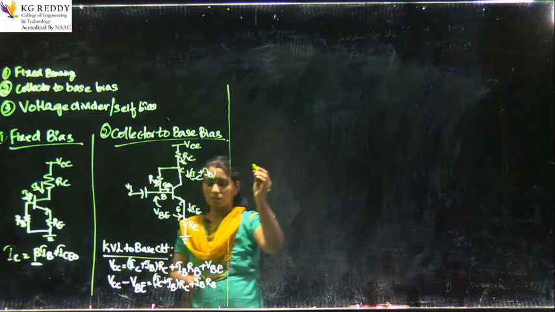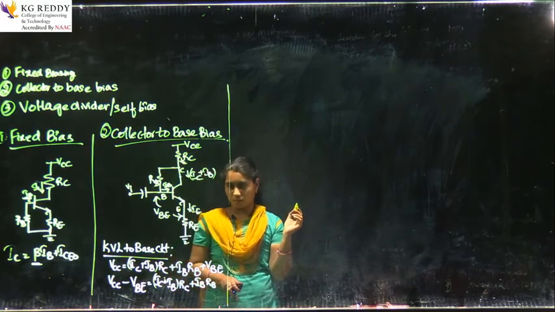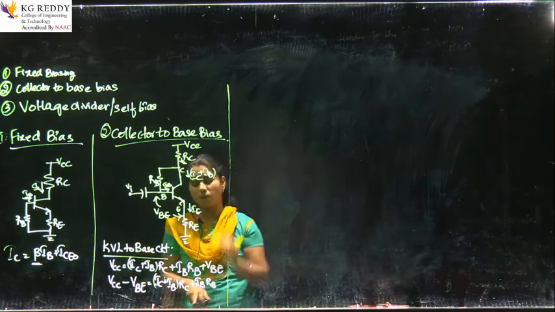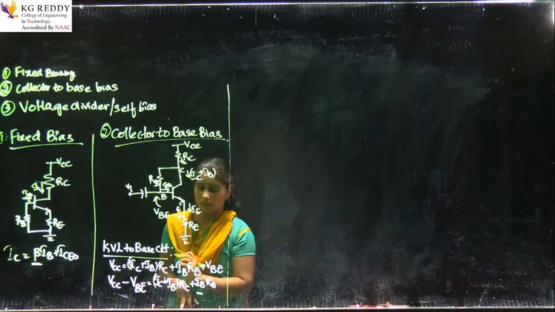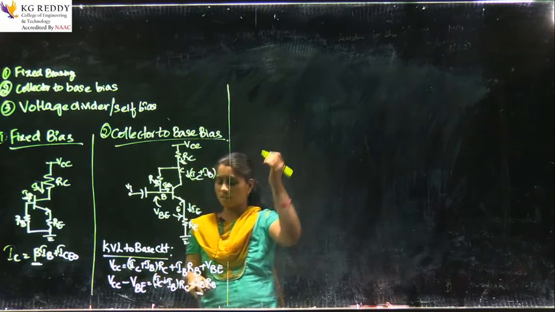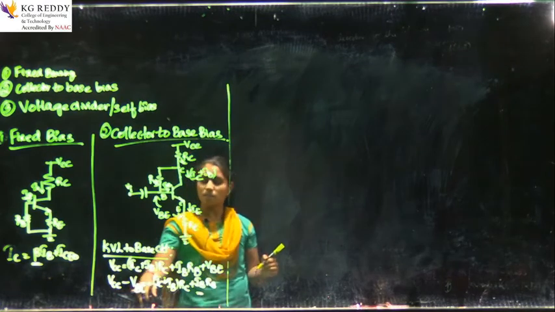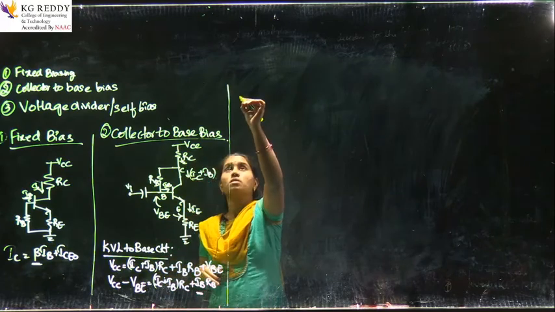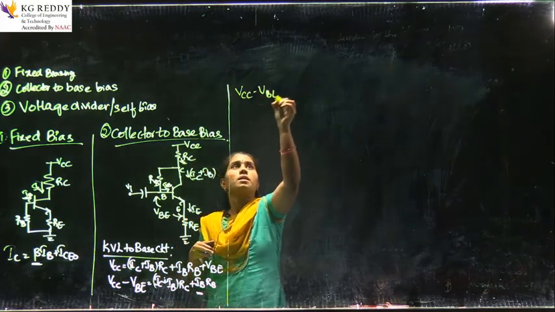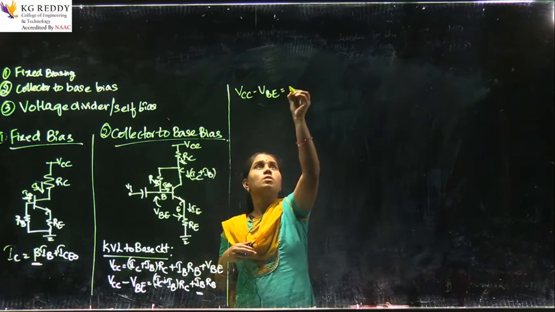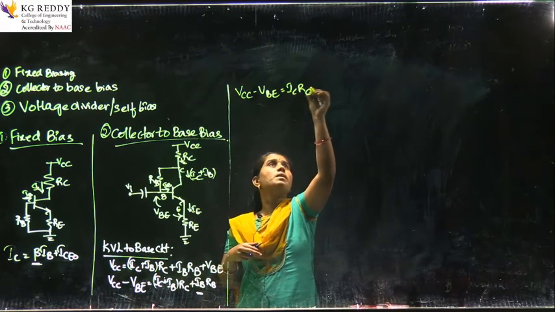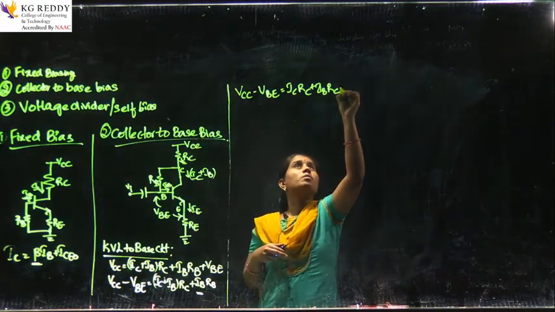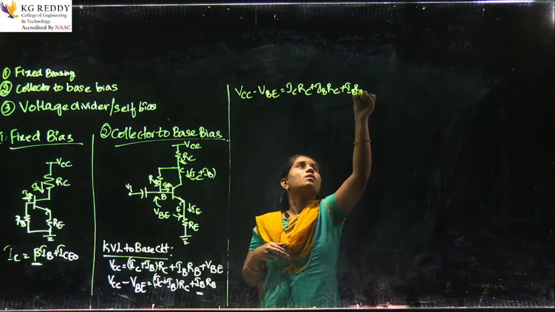Now, I want to calculate the base current. When you see this, we are required to find this IB current. I can expand this equation: VCC minus VBE equals IC RC plus IB RC plus IB RB.